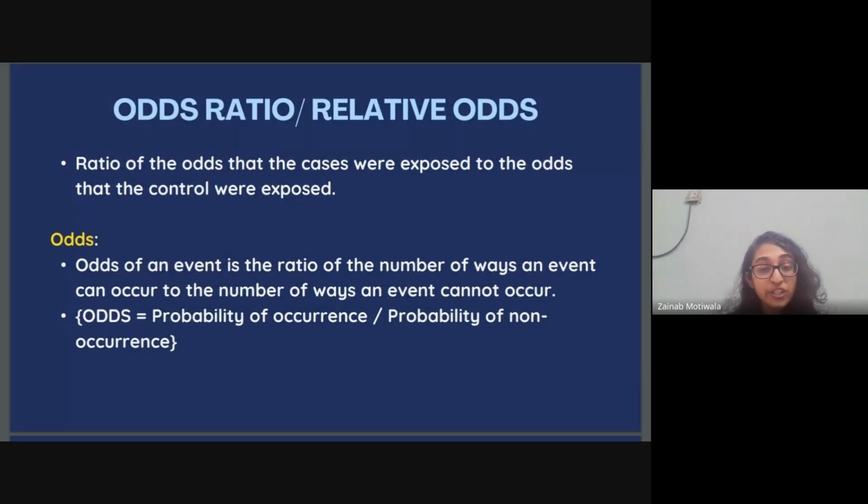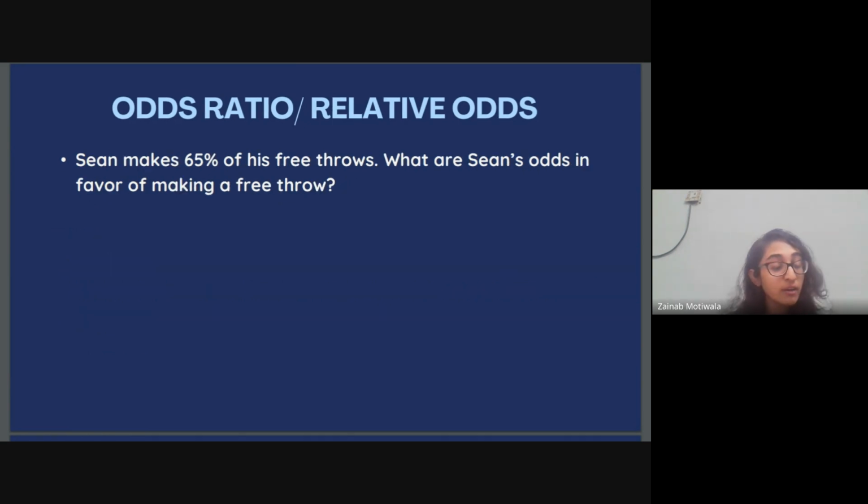So as I mentioned, odds is the ratio of the number of times that this particular event can occur, divided by the probability of non-occurrence. We can understand this better with an example. This is a non-medical example just to understand what odds ratio is.